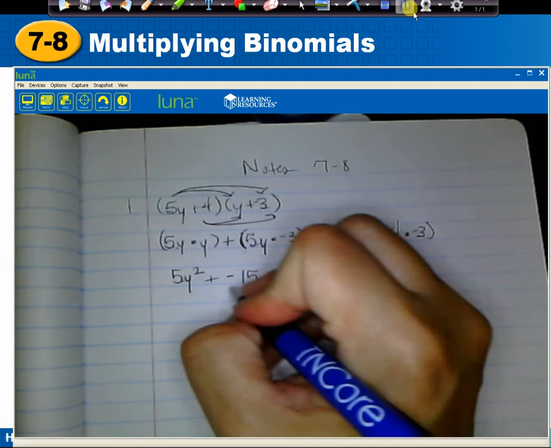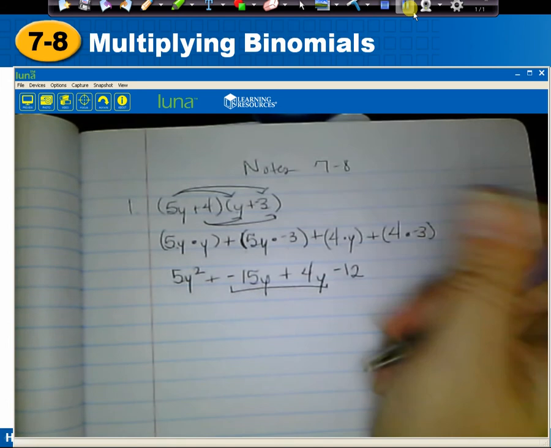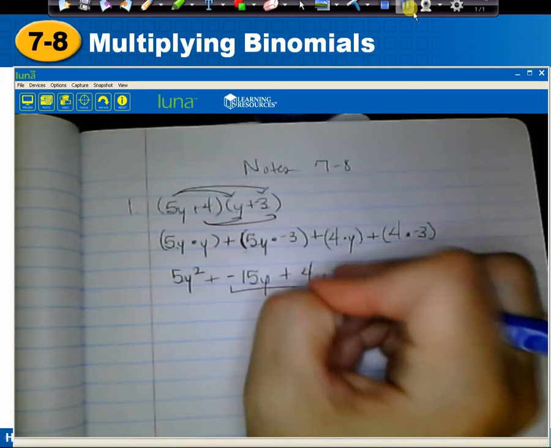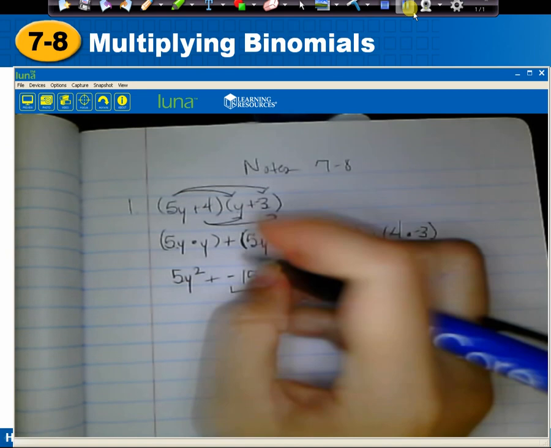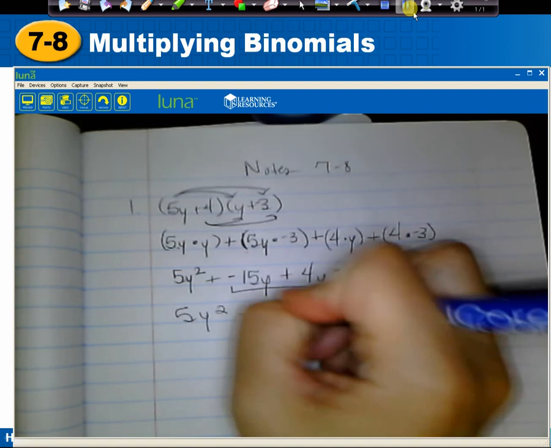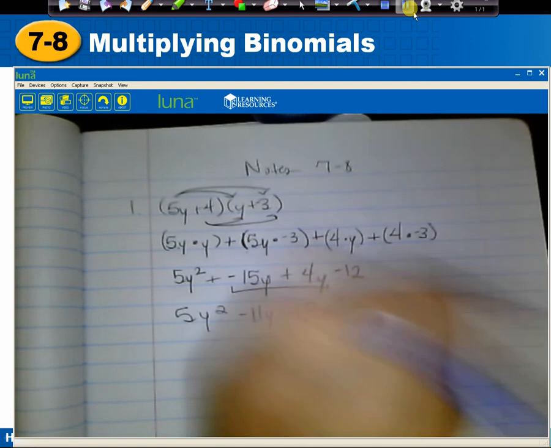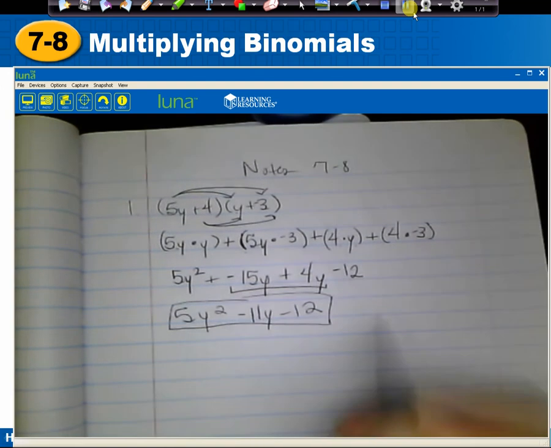My y's here, I have a negative 15y and a positive 4y. I'm going to add those, and when I add negative 15 and positive 4, it's going to give me negative 11y. I'm going to bring down my 5y squared. I'm going to bring down my negative 12. And this is going to be my final answer. It's 5y squared minus 11y minus 12.